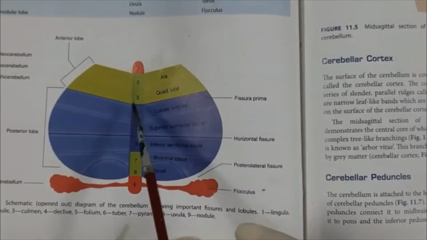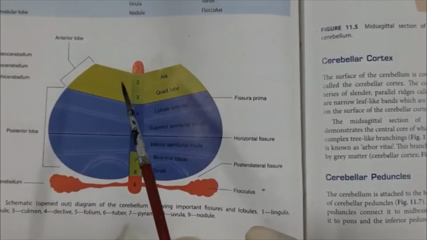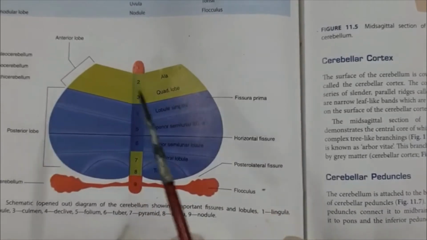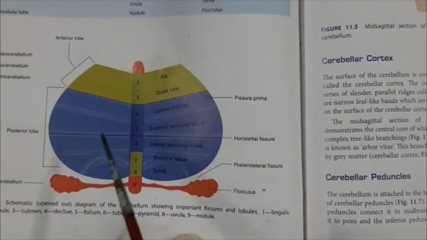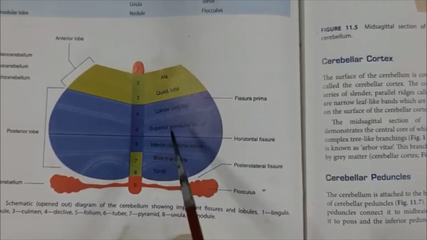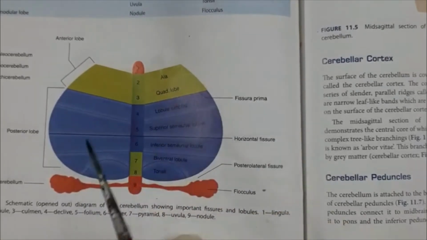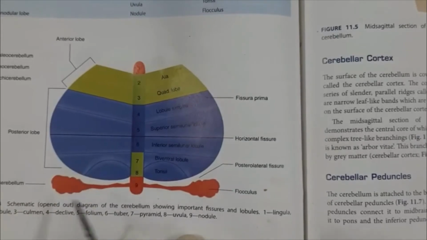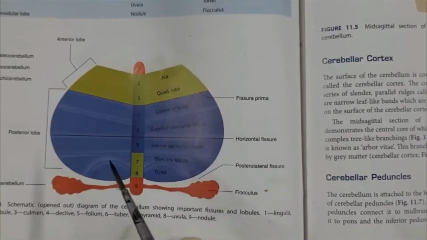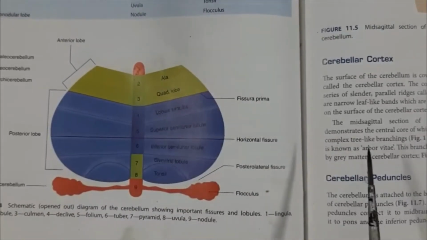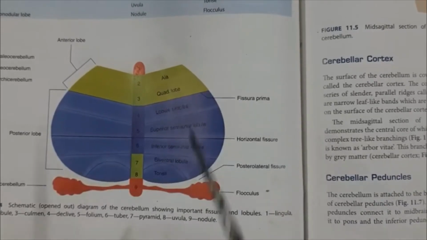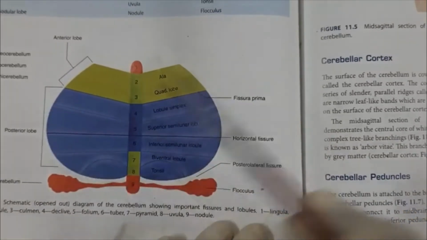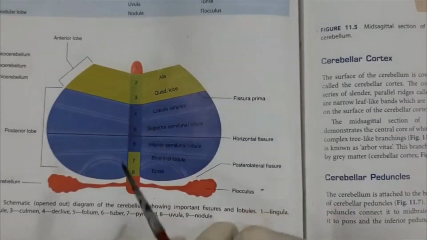The paleocerebellum is also functionally called the spinocerebellum, because this area connects the cerebellum with the spinal cord. While the archicerebellum or flocculonodular lobe is connected with the vestibular area of the brain, the vestibule, which maintains equilibrium and posture.